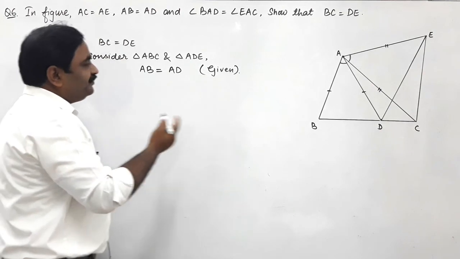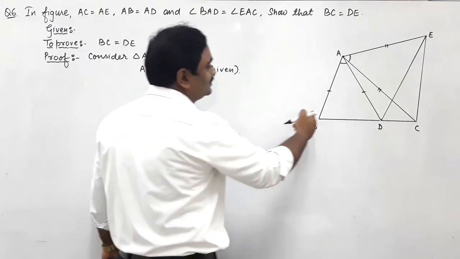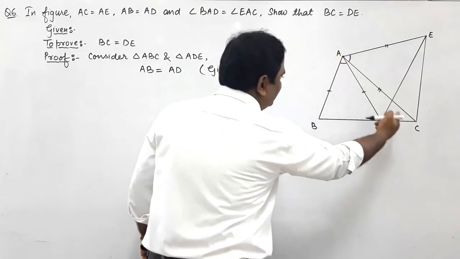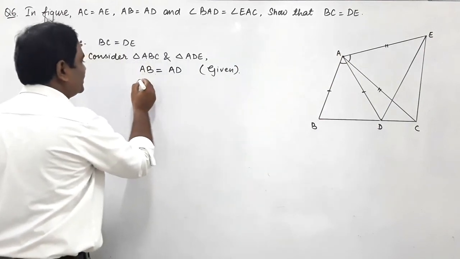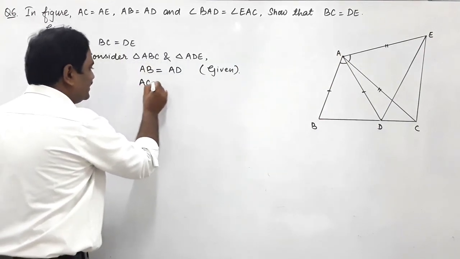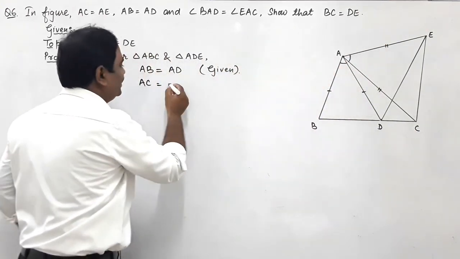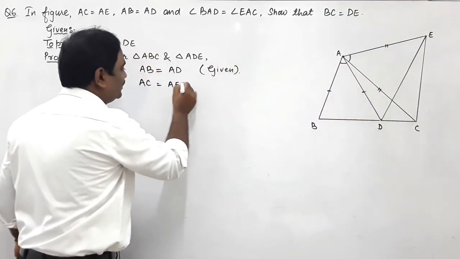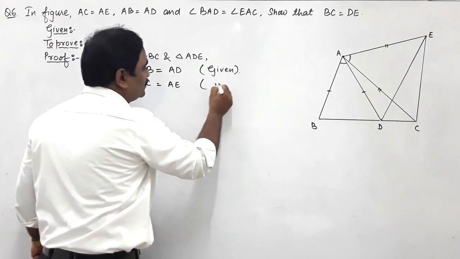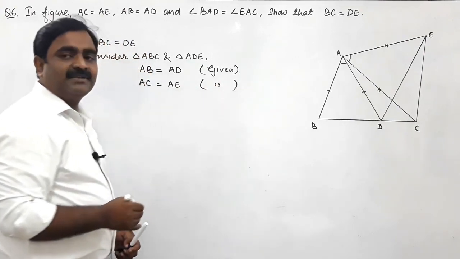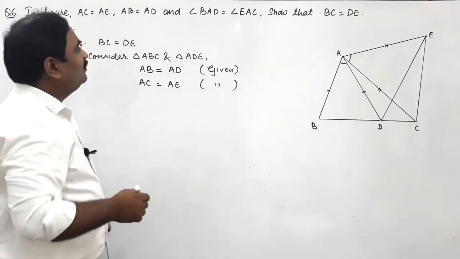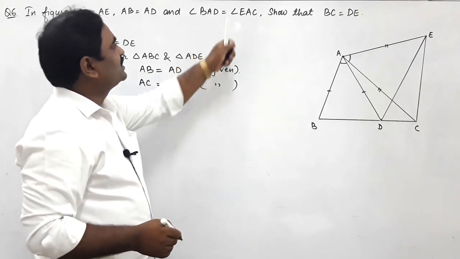Afterwards we have to come to this side AC of triangle ABC. So AC is equal to AE of this triangle. This is also given. Right friends?